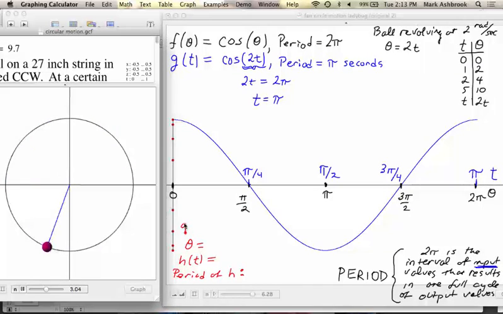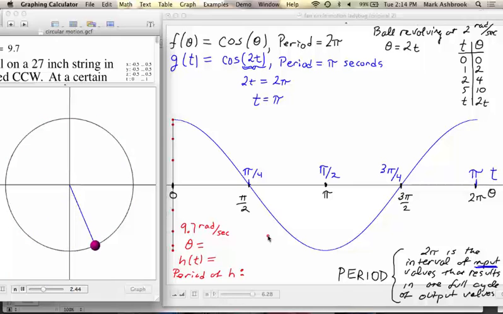So it's 9.7 radians per second. Write theta in terms of t. Write a function h of t that gives the horizontal distance to the right of the vertical diameter as fraction of the radius in terms of t, and then find the period of h. Compare with the person next to you.